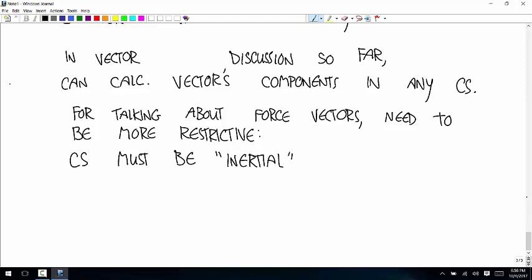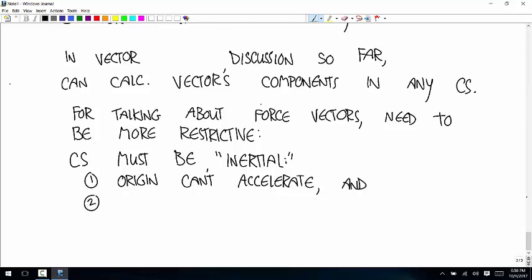For a coordinate system to be inertial, first, the origin can't be accelerating. And second, the axes can't be rotating.